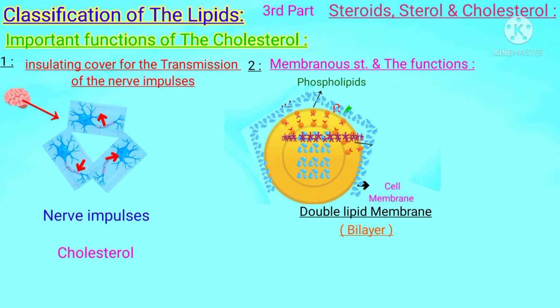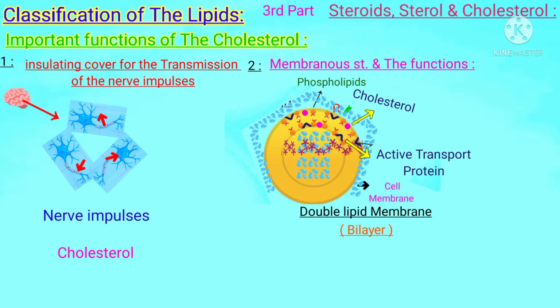These phospholipids are arranged in this manner in the cell membranes. Although proteins are also present in the form of active transport proteins, the cell membrane also has phospholipids. In addition to these structures, it also has cholesterol, which performs a very important dual function.